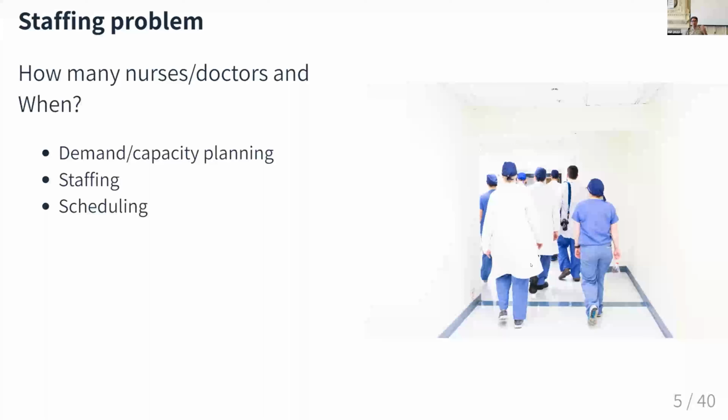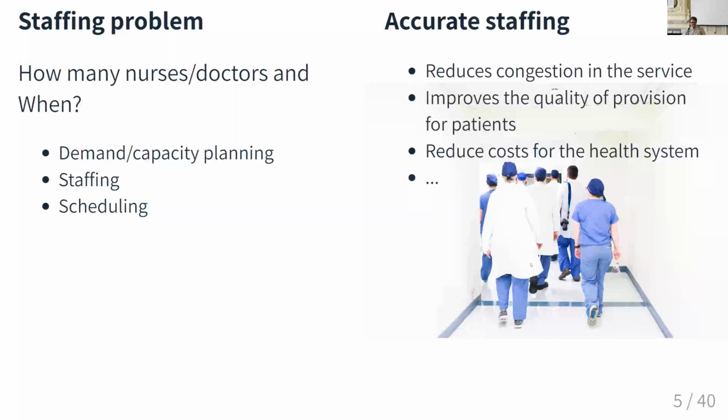So how is forecasting used in emergency departments? Well, it could be used in different ways. One of the most important ways that forecasts could be helpful is with staffing problems. A simple question is how many doctors and nurses we need and when we need them. And this helps if we can provide an accurate forecast.